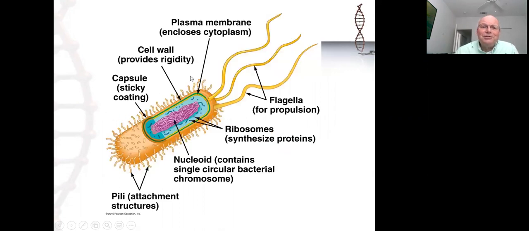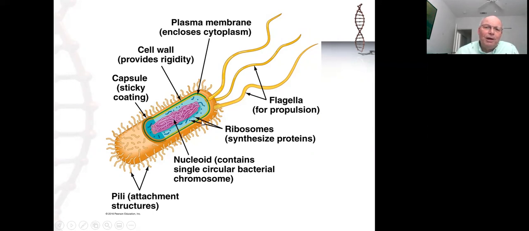So here you can see some of those features. We've got the pili or fimbriae. Then you've got the capsule, that sticky coating on the outside. Underneath that is the cell wall, and then underneath that is the plasma membrane or cell membrane. Inside that is the cytoplasm or cytosol.